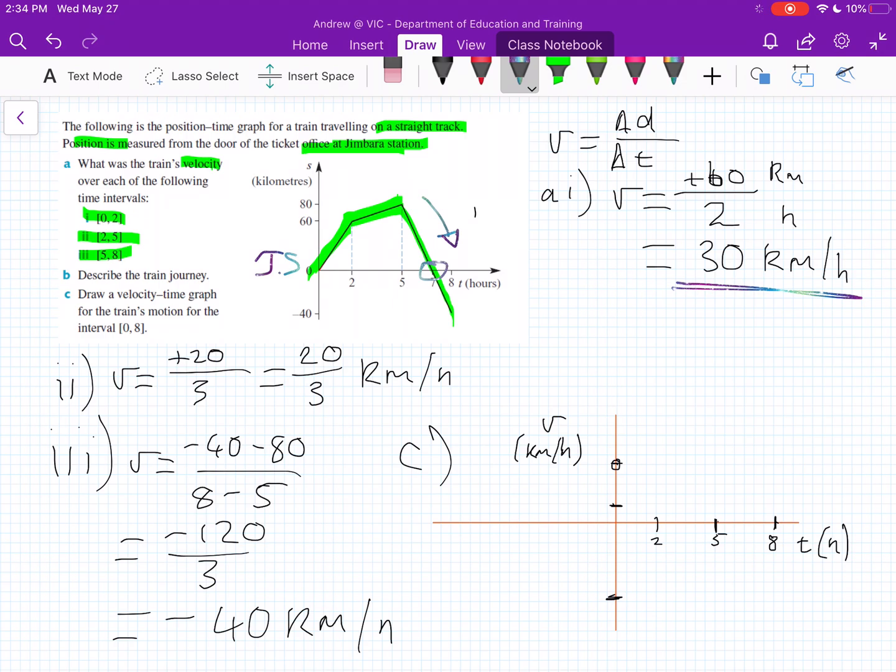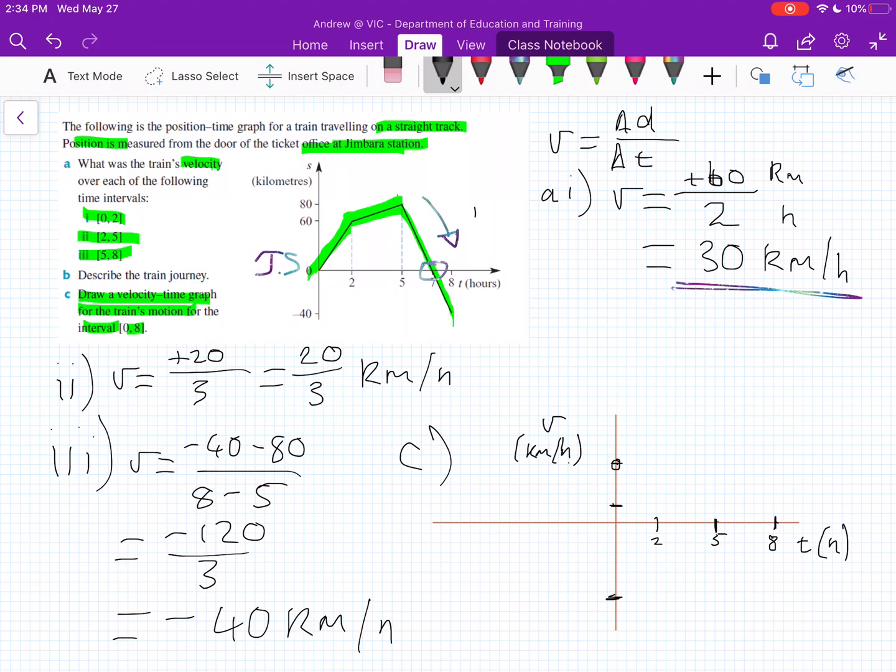So part C says draw a velocity time graph over this interval. I've already drawn an axis down here, and I've put our key times in hours: 0 to 2, 2 to 5, and 5 to 8. To draw a velocity time graph, our velocity actually stays constant over those times, so they're going to be horizontal lines in our periods here.